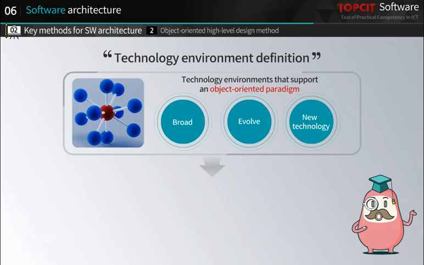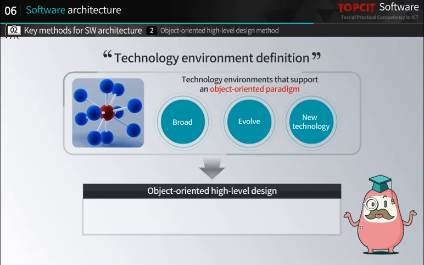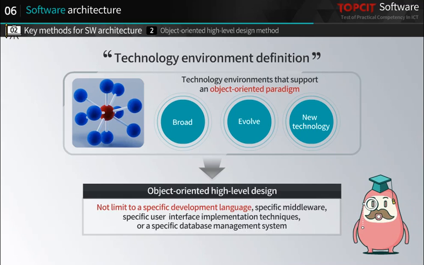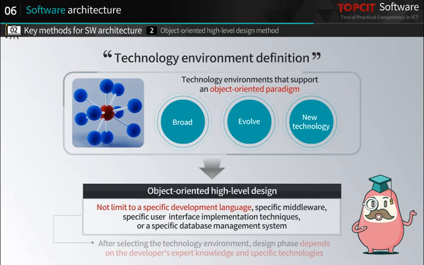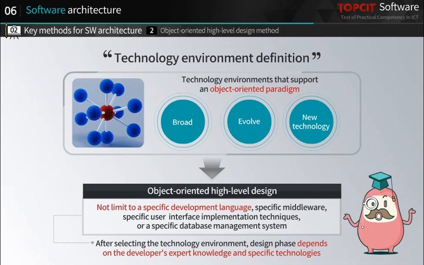As technologies to implement object-oriented methodologies are too broad, the high-level design is not willing to be confined to a specific development language, specific middleware, specific user interface implementation techniques, or a specific database management system, just like all object-oriented methodologies. Therefore, after selecting the technology environment, the design phase should depend on the developer's expert knowledge and specific technologies.